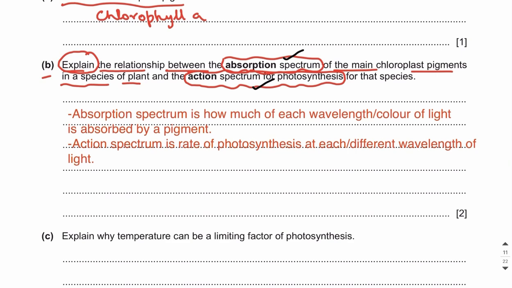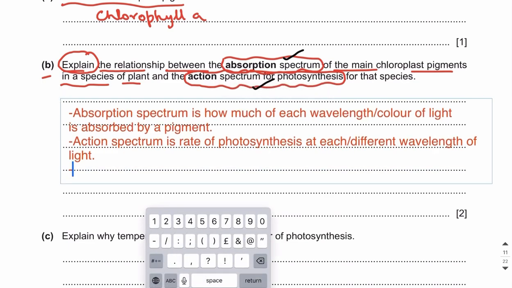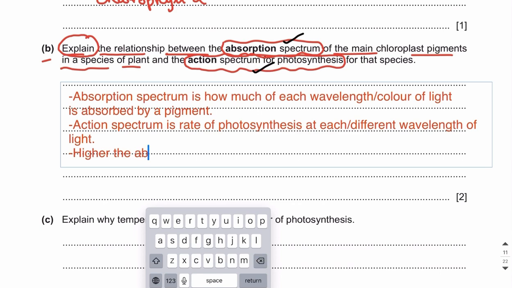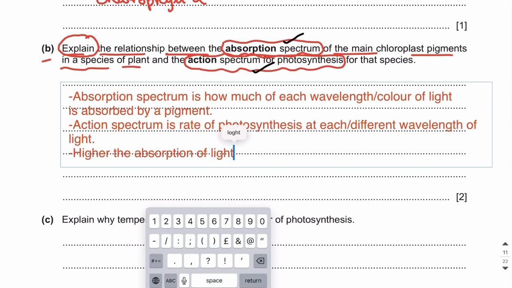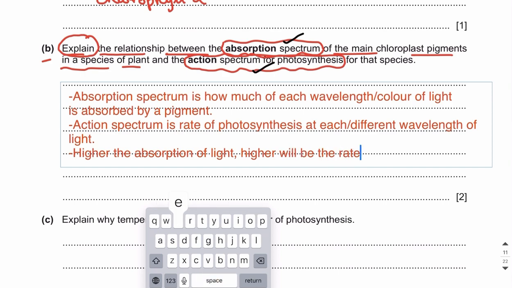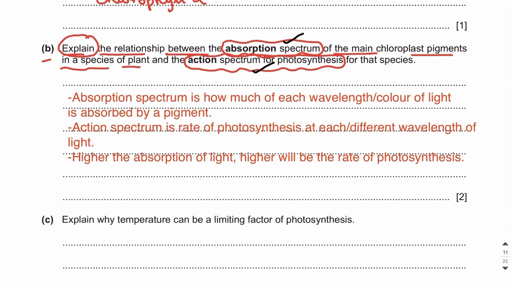Eventually producing more reduced NADP and more ATP, increasing the rate of photosynthesis. So what we can write is that higher the absorbance of light or higher the absorption of light, higher will be the rate of photosynthesis. So guys, this is the relationship between absorption spectrum and action spectrum.